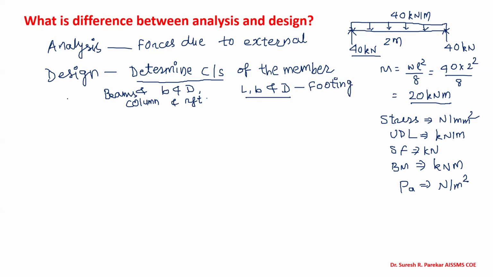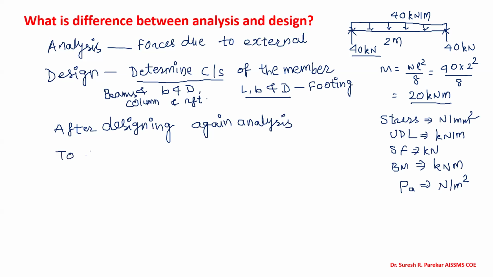And after designing, we are going to again analyze. After designing, again analyze. And this analysis is to find the moment of resistance, or I can say in short, to find the strength of the provided section.